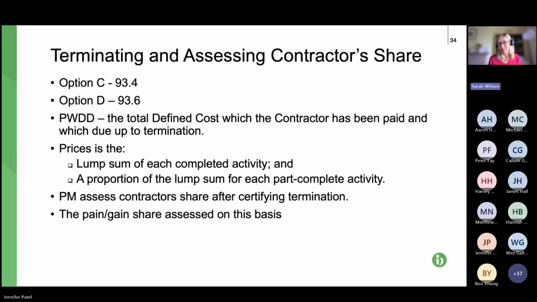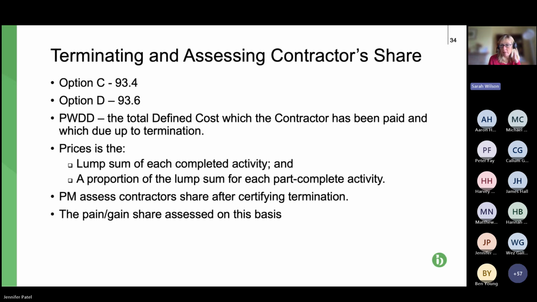But it gets even more complicated because the pain gain assessment has to be based on the works that have been completed as at termination. So you have to have some way of apportioning the target cost to represent the works that have been done, so that the works that haven't been completed aren't included in the target. Otherwise, the pain gain isn't going to work properly.